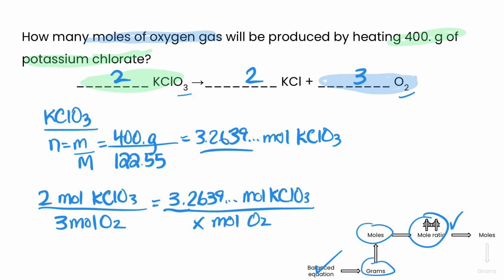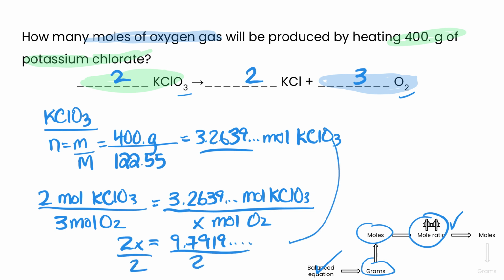So doing some cross multiplication, we end up with 2x is equal to 3 times 3.2639. So that's 9.7919. And then dividing both sides by 2 is going to give us x, which is 4.8959, and that's moles of oxygen.